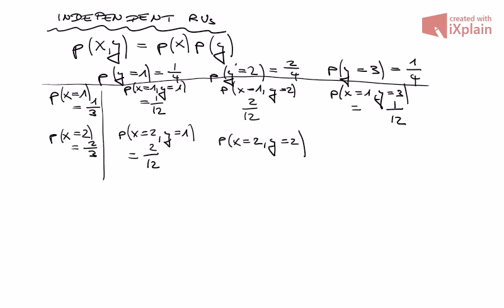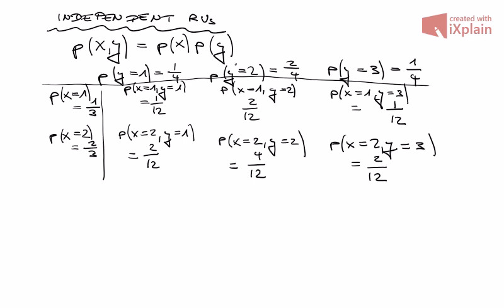So that's 2 times 2, that's 4 over 12. And here we get P(x=2, y=3). And that's 1 over 4 times 2 over 3, that's 2 over 12.